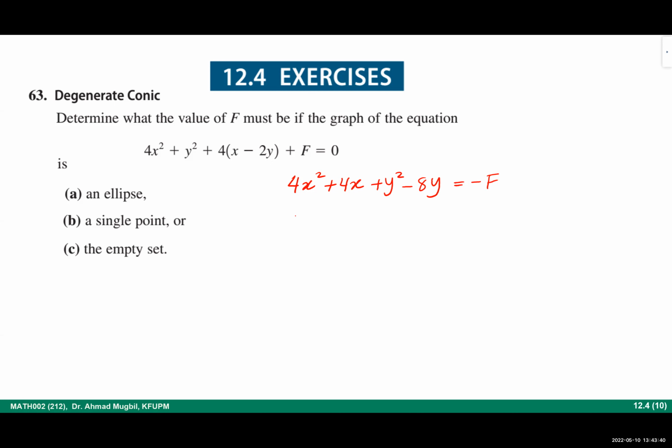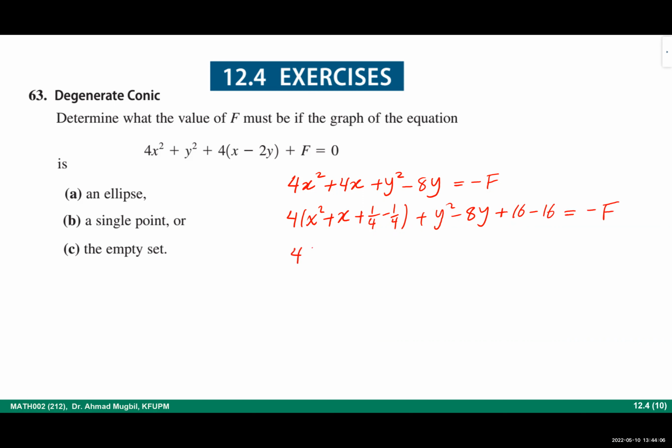Then we will take 4 as a common factor, x squared plus x. What we will add here? No, fourth, be careful. Fourth, we will add fourth and subtract fourth, plus y squared minus 8y, we will add what? 16 and subtract 16 equals negative f.